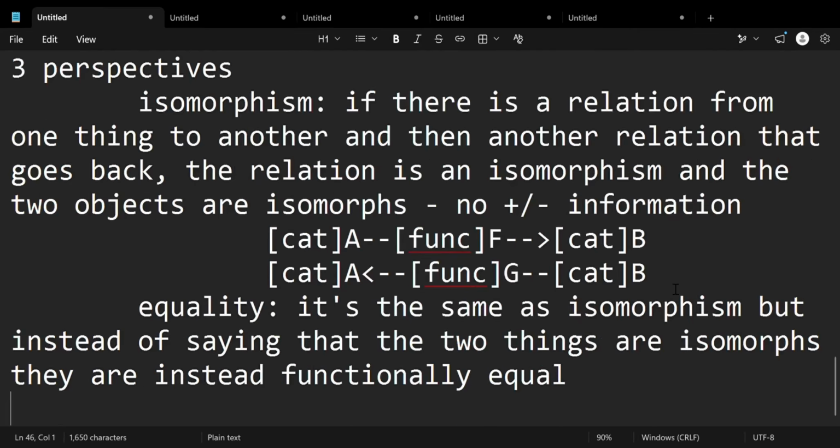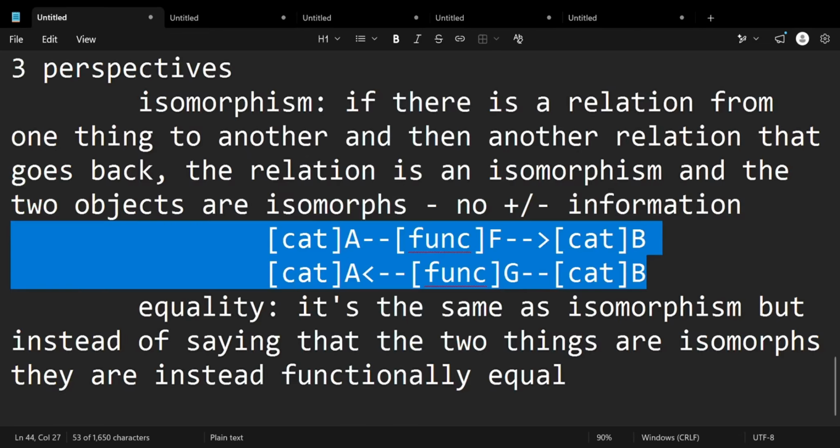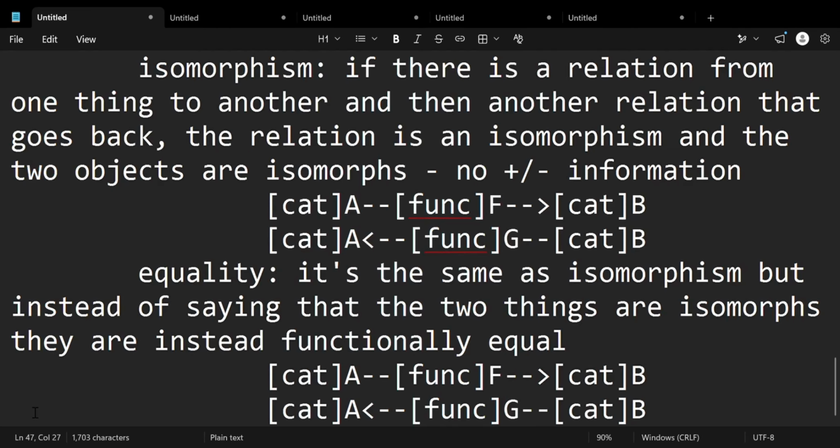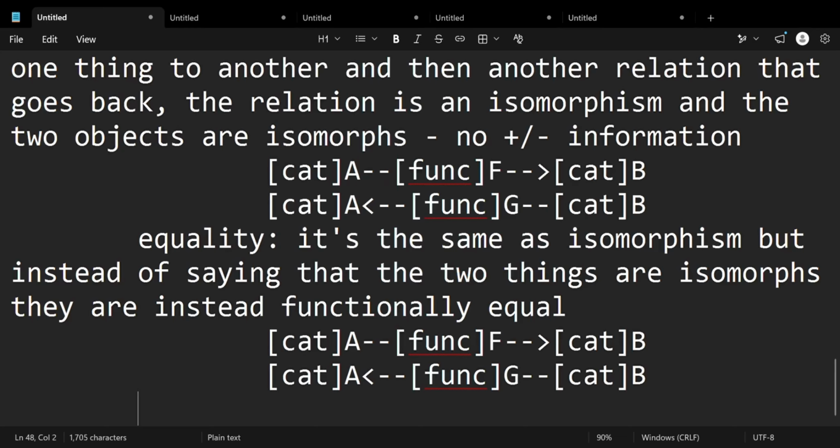So you literally have that same setup where you have a relation from A to B and then another relation back from B to A. But instead of concluding that A and B are isomorphs, you conclude that A is functionally equal to B, meaning that A and B, for all intents and purposes, are the same type of thing. Okay?